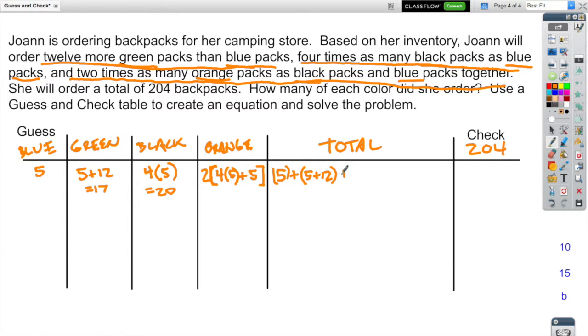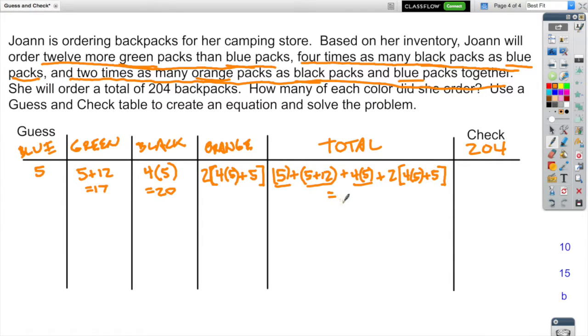Black backpacks was 4 times 5. So I've got blue, green, black, and then this complicated one, orange: 2 times 4 times 5, which was the 20 black backpacks, plus 5 more blue backpacks.